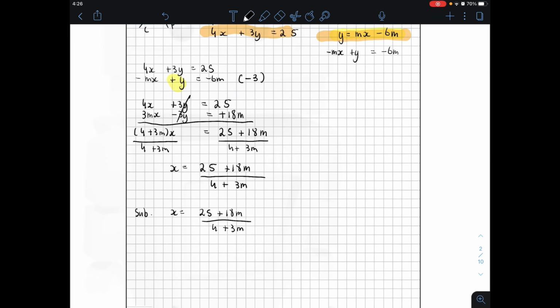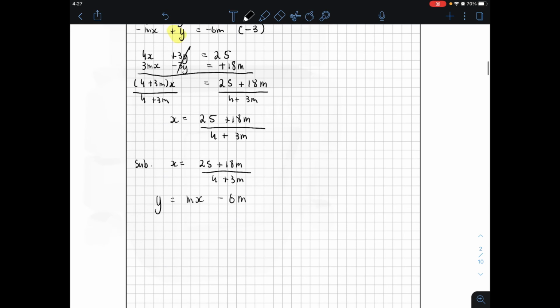So I have y equals mx minus 6m, and wherever I see x, I'm going to substitute in my value. So this gives me m times (25 plus 18m) over (4 plus 3m), minus 6m. And from here, I'm just going to simplify.